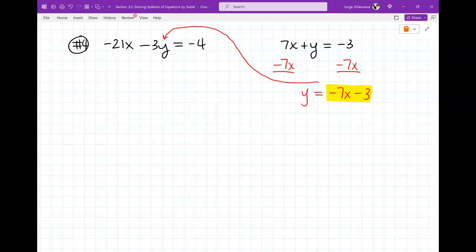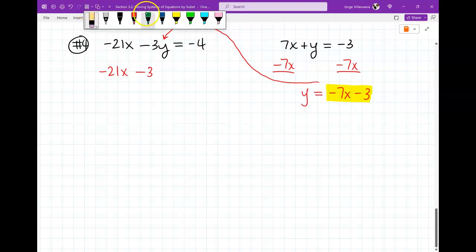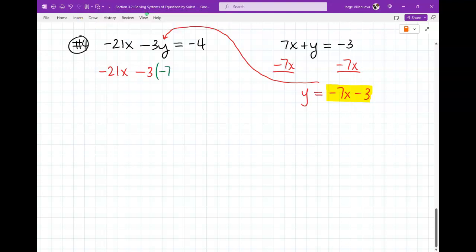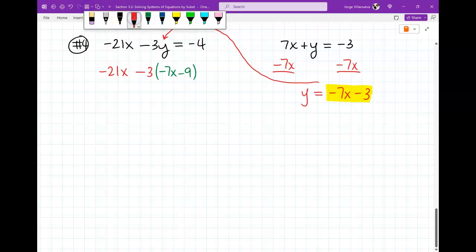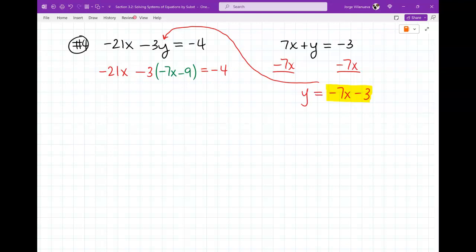All right, so what do I get? I get negative 21x minus 3 times parenthesis negative 7x minus 3, equal to negative 4. Oh, sorry, I multiplied in my head. Thank you. Let me put that back in.